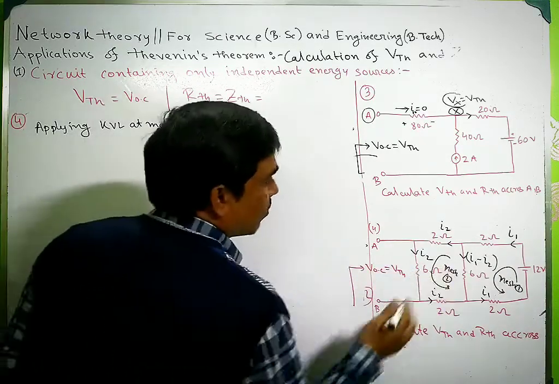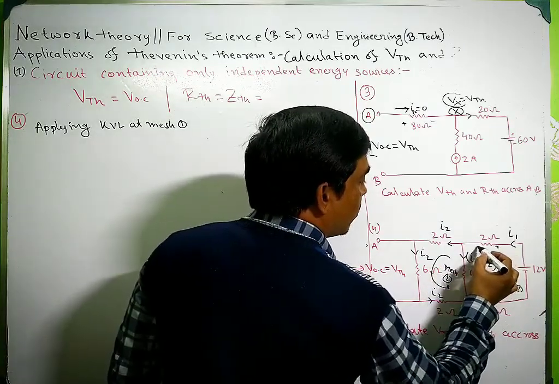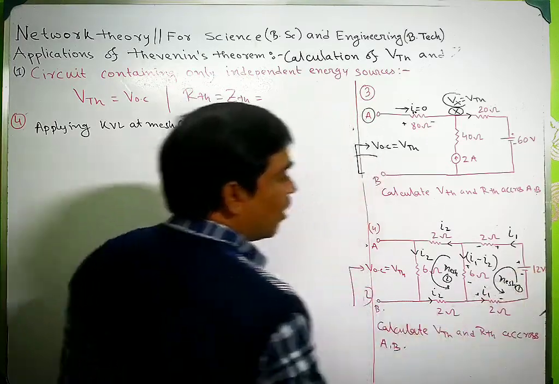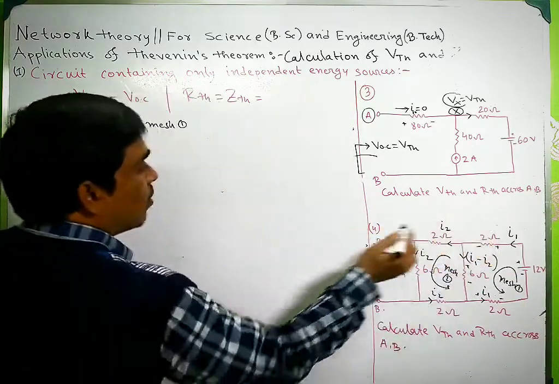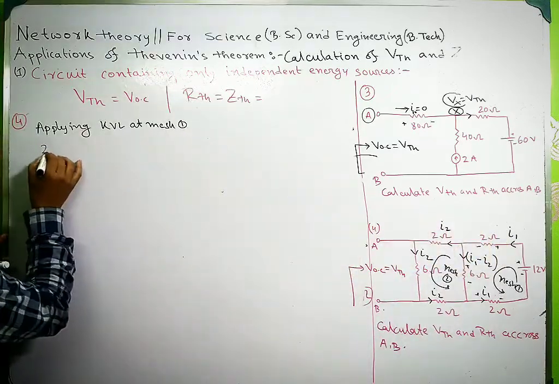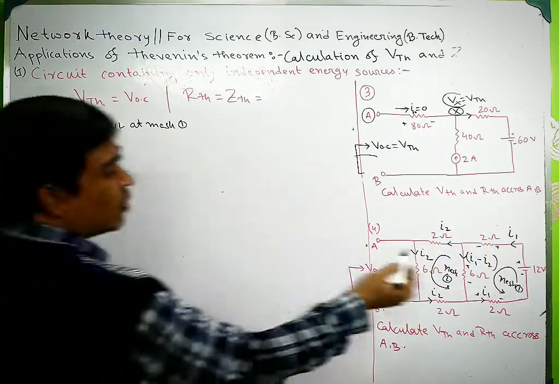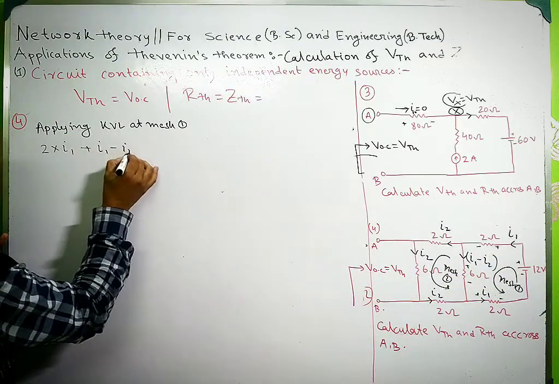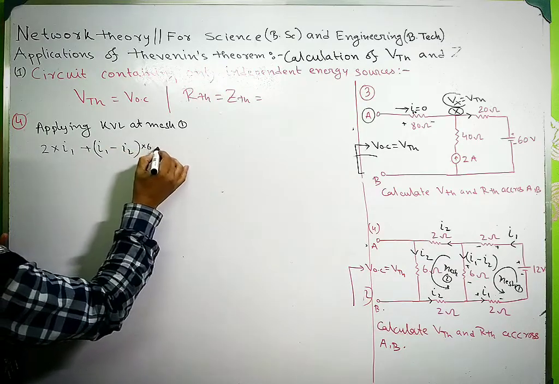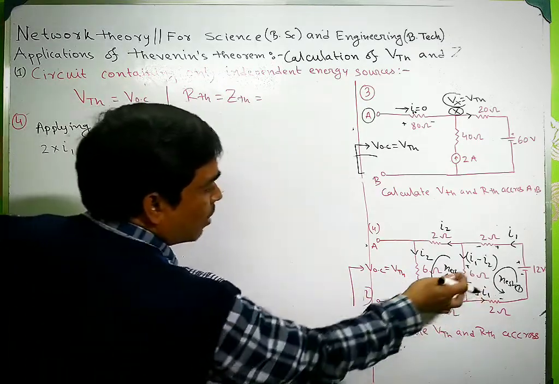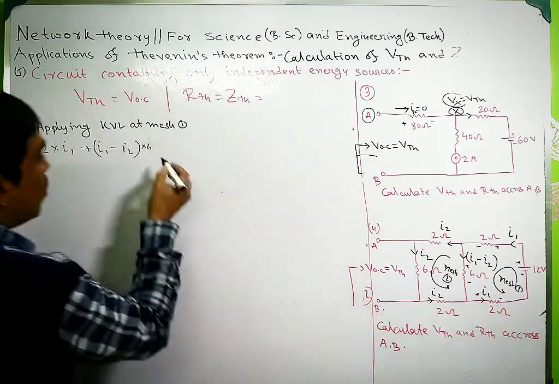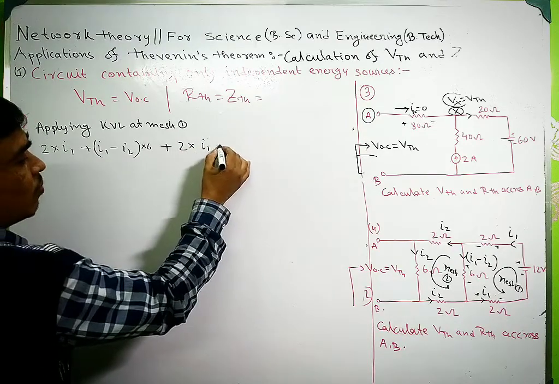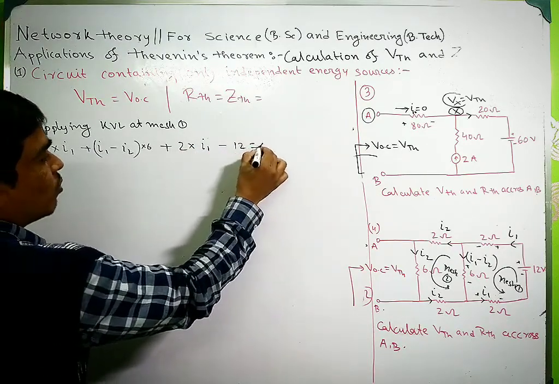1, this mesh. If I start from this point, this is plus, this is minus, this is plus, this is minus, this is plus, this is minus, this is minus, this is plus. So it will be 2 multiplied by I1, plus (I1 minus I2) multiplied by 6, plus 2 multiplied by I1, minus 12 equals 0.